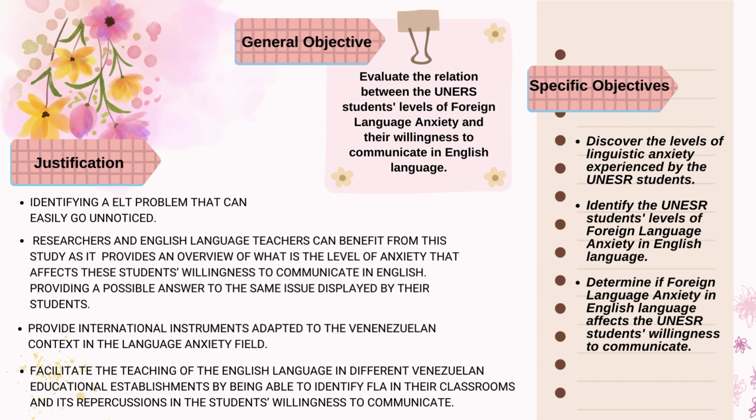For that, some specific objectives have been established, like discover the levels of linguistic anxiety experienced by the UNER students, then identifying the UNER students' levels of willingness to communicate, and then determine if foreign language anxiety in English language affects the UNER students' willingness to communicate.